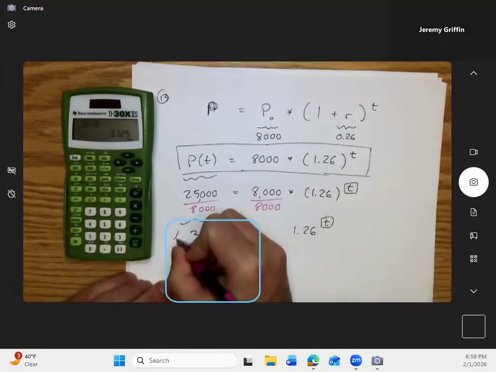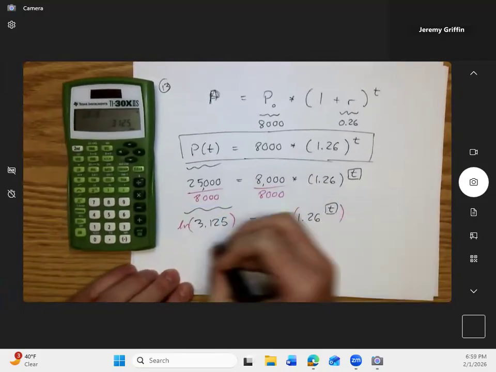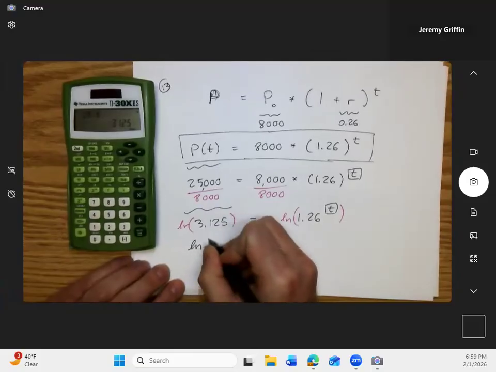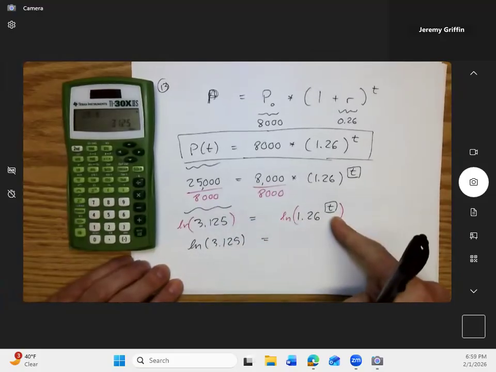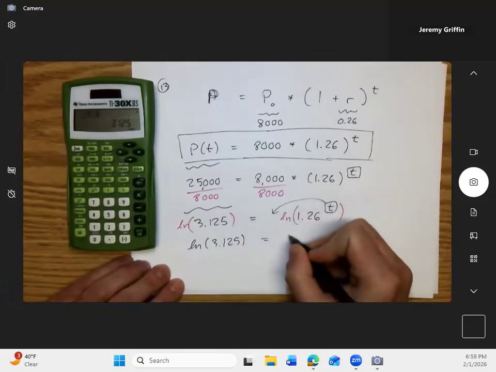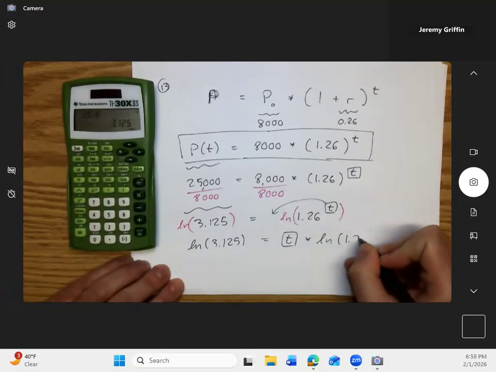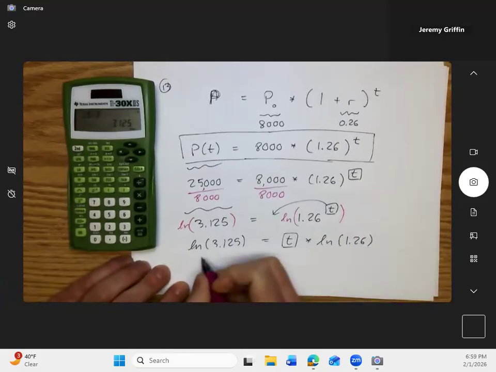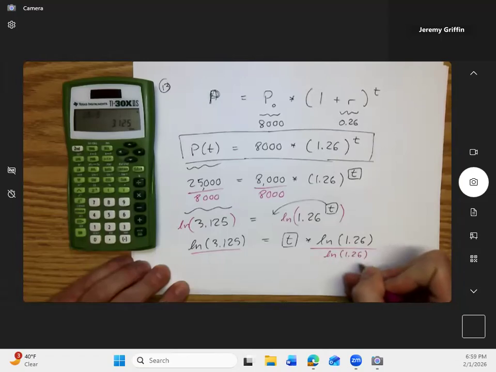I'll go ahead and take natural log of both sides. So natural log of 3.125 is equal to, and then when I do it, see, I can take this t in front. That's t we're solving for times natural log of 1.26. Okay. Last step is divide both sides by natural log of 1.26.